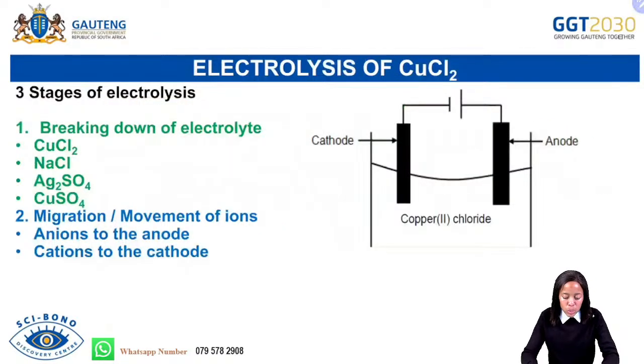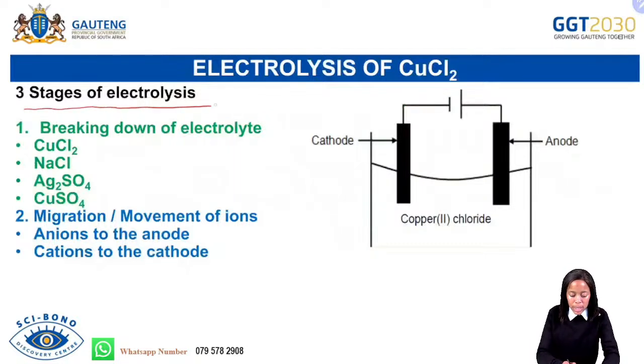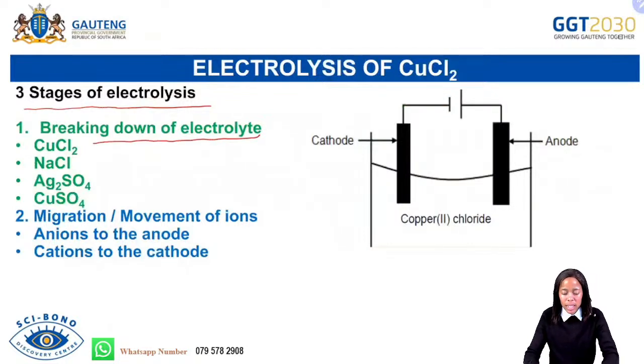Then we have what we call the electrolysis of copper chloride. There are 3 stages when it comes to electrolysis. And number 1, what we need to do, even in the examination, is break down the electrolyte.